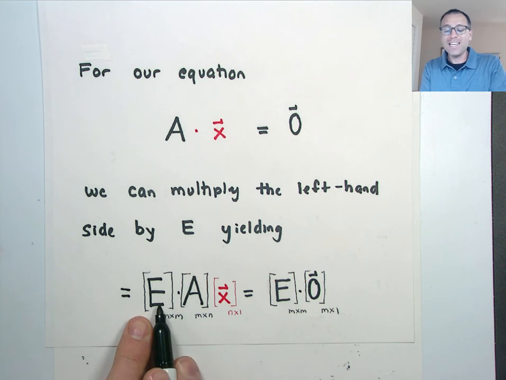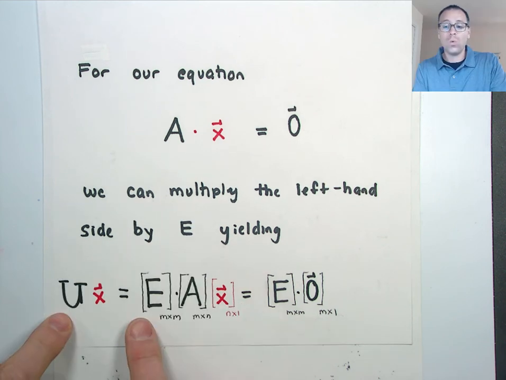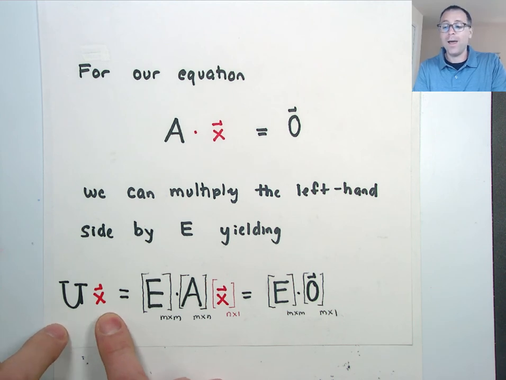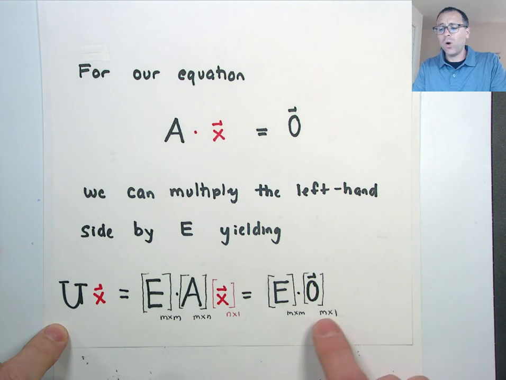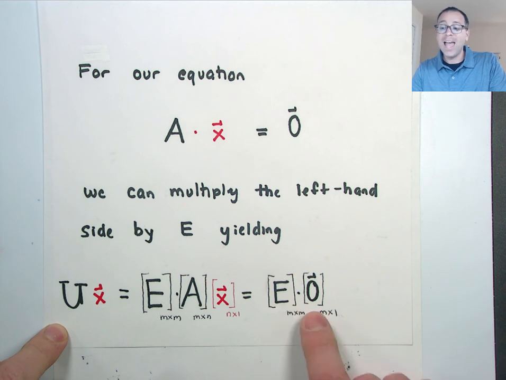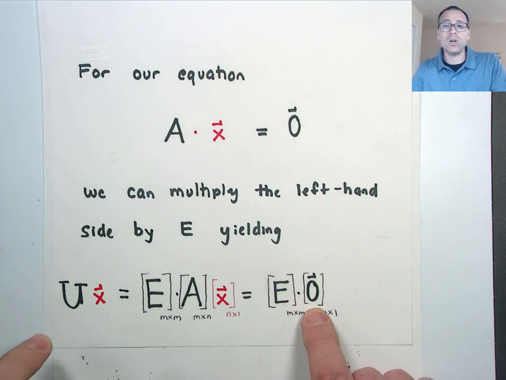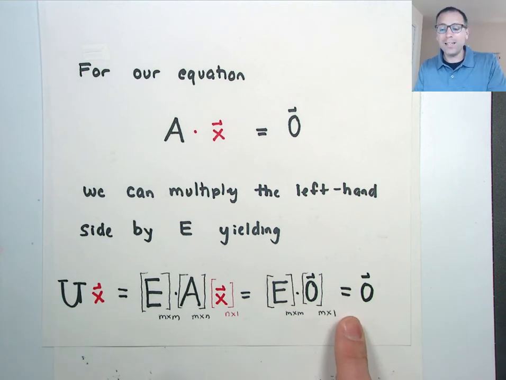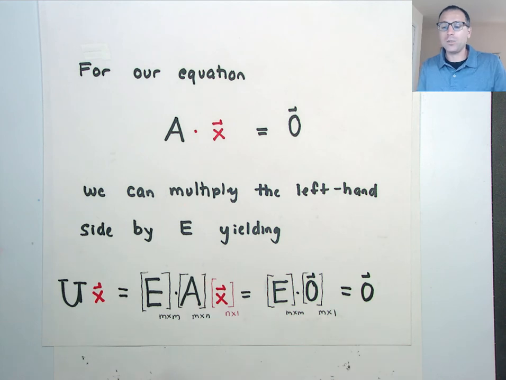But I know that E times A is U, which means after this multiplication, I have U times x on the left-hand side of this equal sign. E times 0, well, E times 0 is going to be a linear combination of the columns of E, every column scaled by 0. What happens when I scale a bunch of vectors by 0? I must get back to 0, which implies immediately that U times x equals 0.